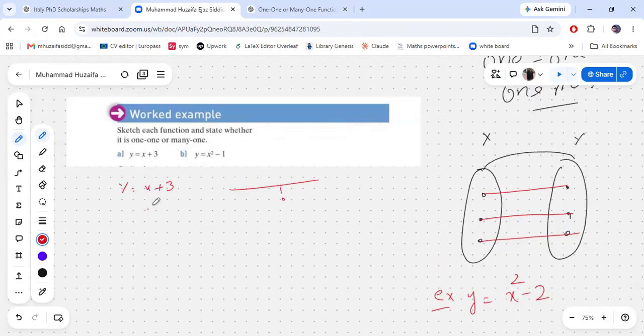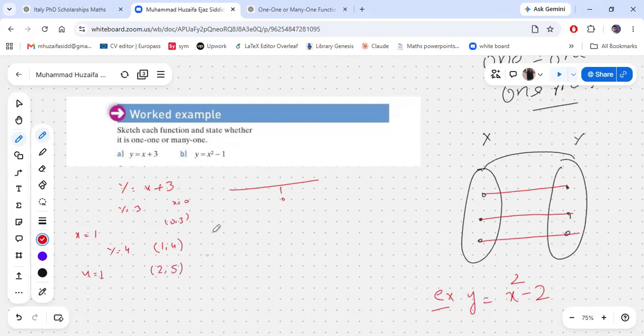When we put x = 0, this gives y = 3, so the ordered pair is (0, 3). Same for x = 1, y = 4, so this is (1, 4). Same for x = 2, it gives (2, 5).